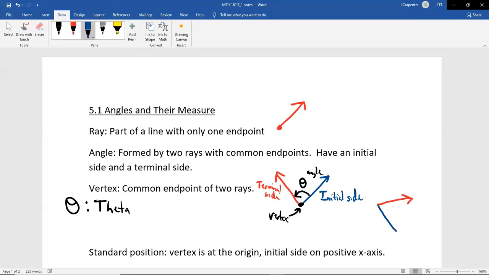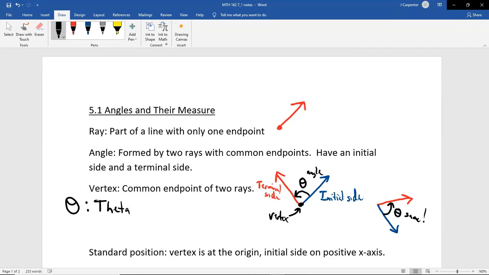That's me trying to draw the same exact theta. So going from the initial to the terminal, that's the same. I just drew them in a different manner. Instead of drawing them like going up left and up right, I drew one of them going just barely up and right and the other one going down and right. But how much we're swinging from one to the other is exactly the same in these two pictures.